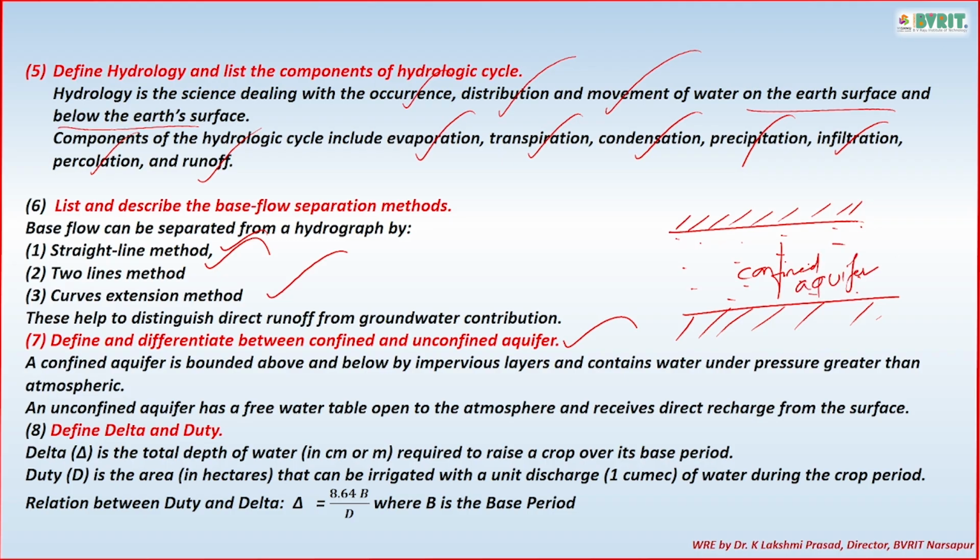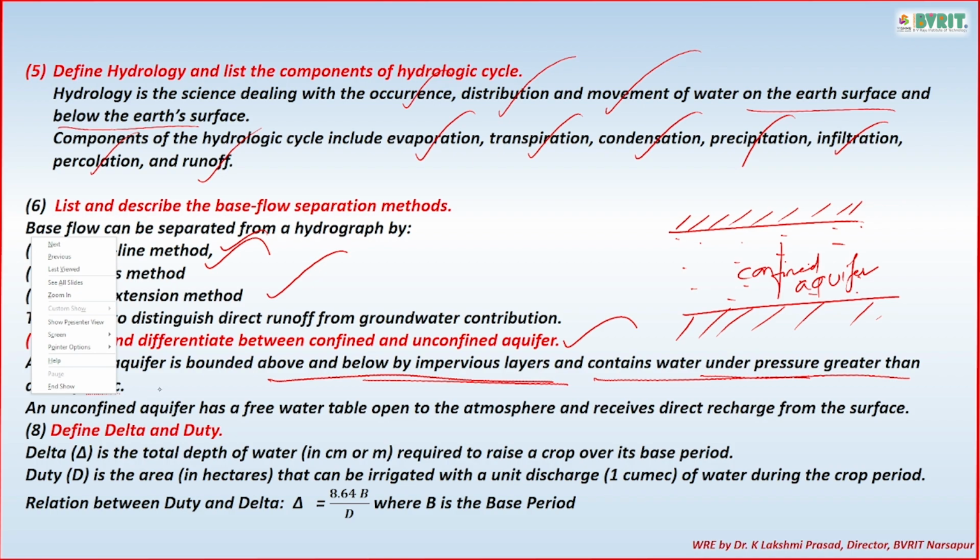A confined aquifer is bounded above and below by impervious layers and contains water under pressure greater than atmospheric pressure because it is contained between two impervious surfaces.